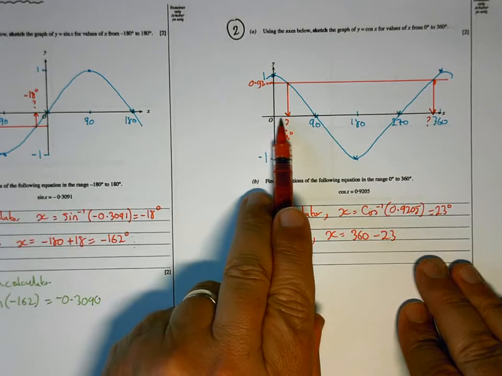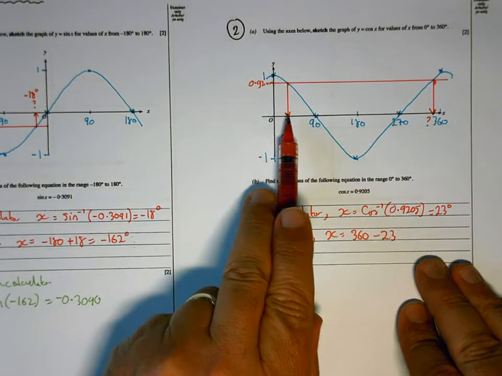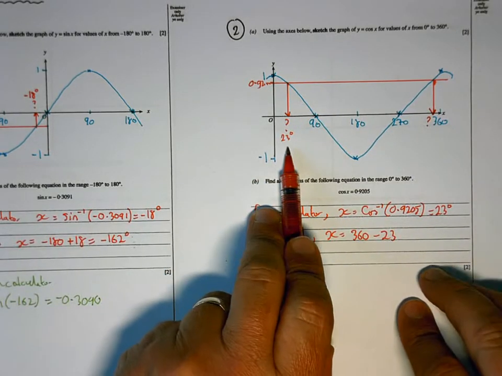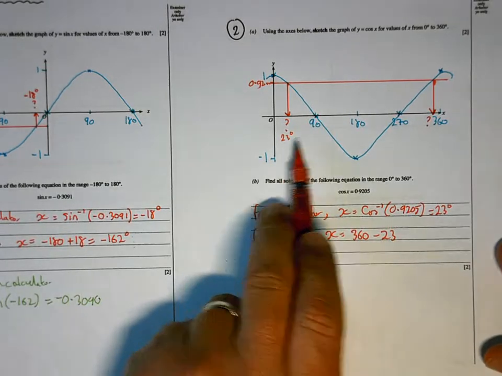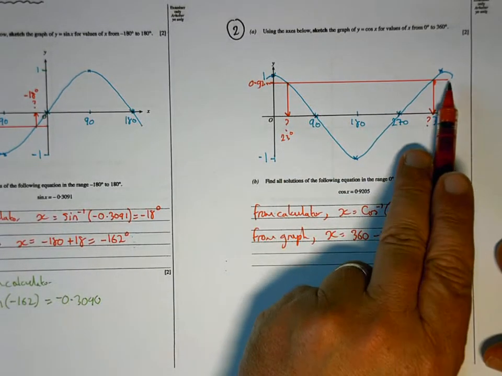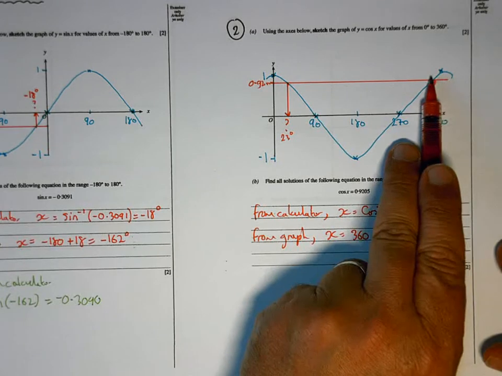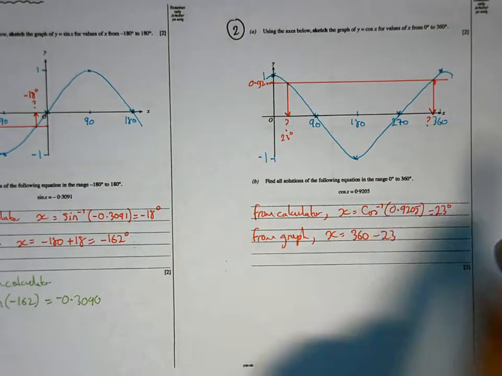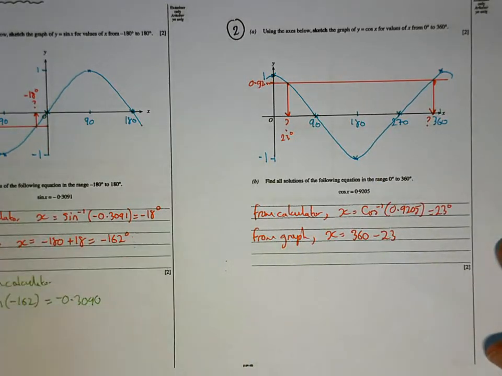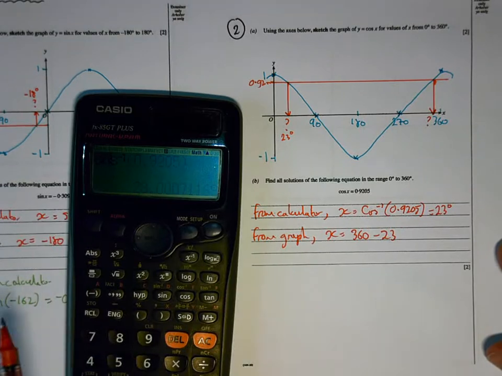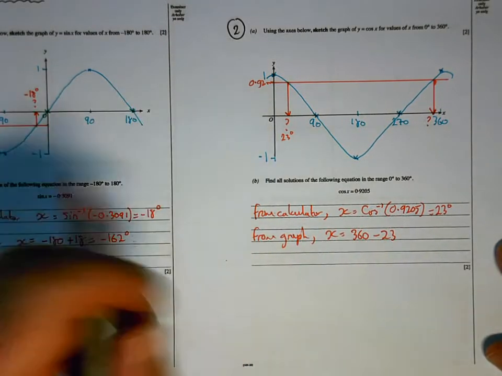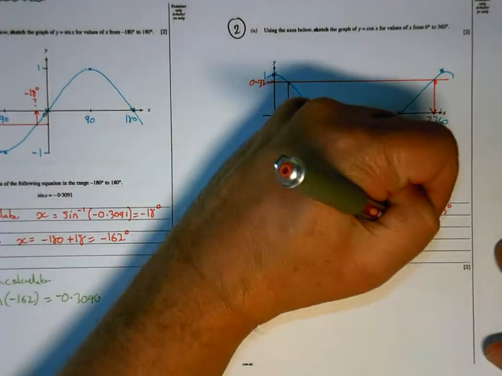I know that using the symmetry, it's 23 degrees from that value to the value I need. So using the symmetry of that, I'm coming in 23 degrees from that maximum. So it's going to be 360 less 23, which is 337 degrees.